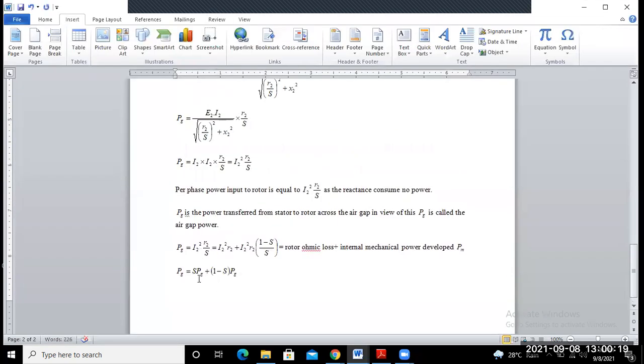You know, this is the same thing, huh? PG equal to SPG plus PG minus SPG. So minus SPG plus SPG cancel out. So PG equal to PG. Is it not?